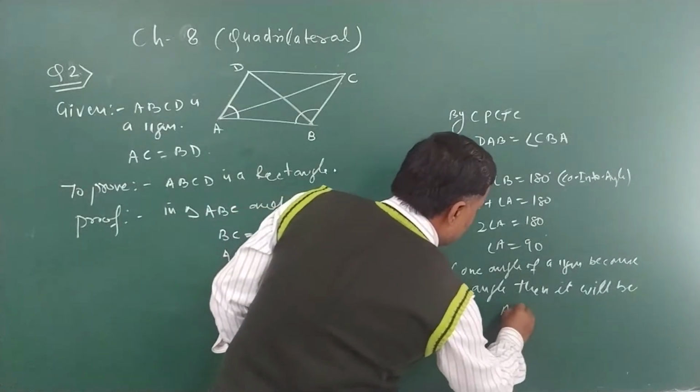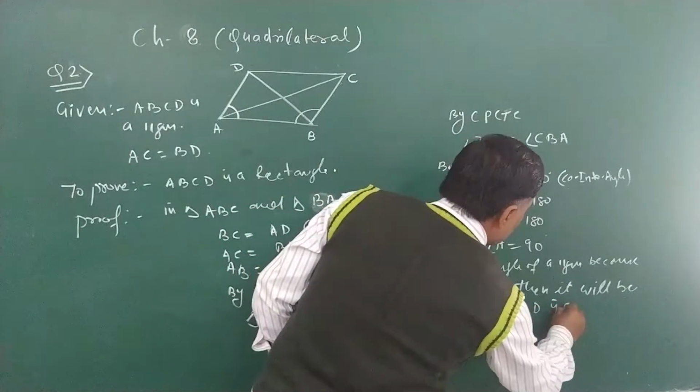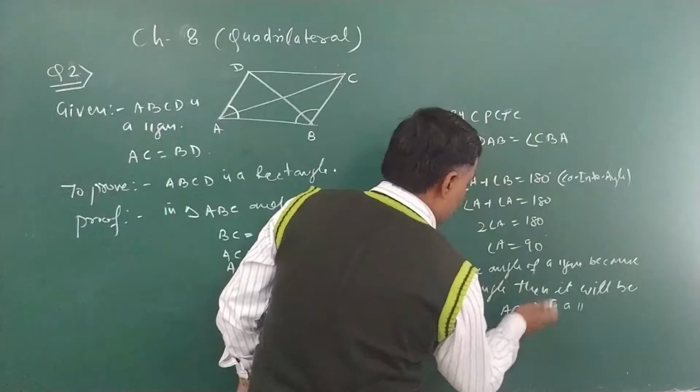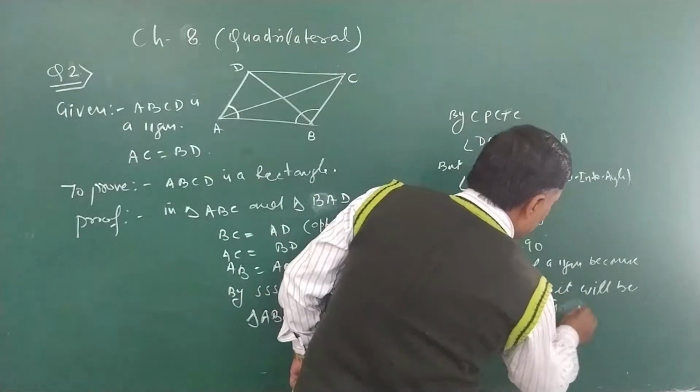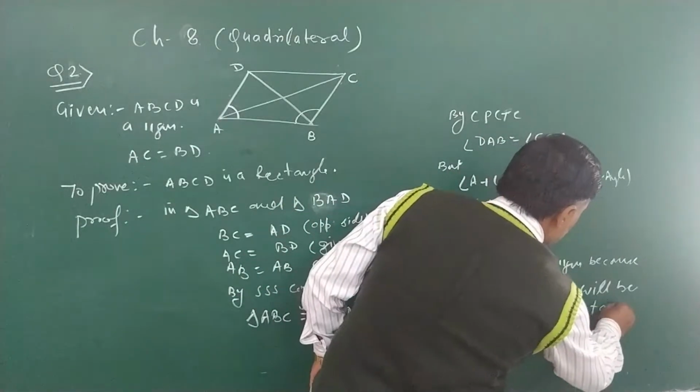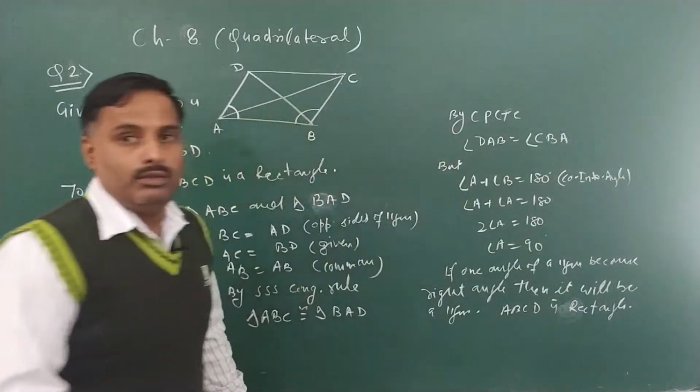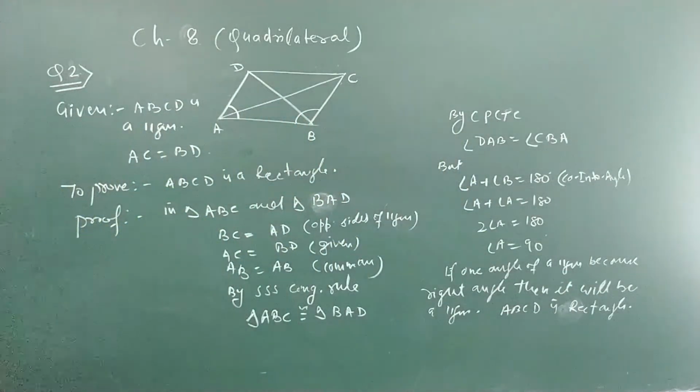So we can say ABCD is a rectangle. It's not a parallelogram. We can prove, or we can say, if one angle of a parallelogram becomes 90 degrees, then it will be a rectangle. This is your question number 2 of 8.1.